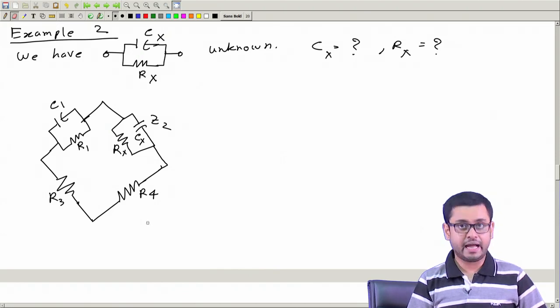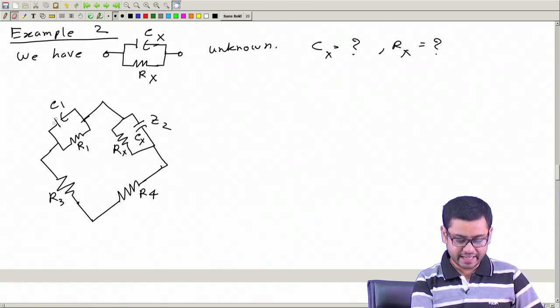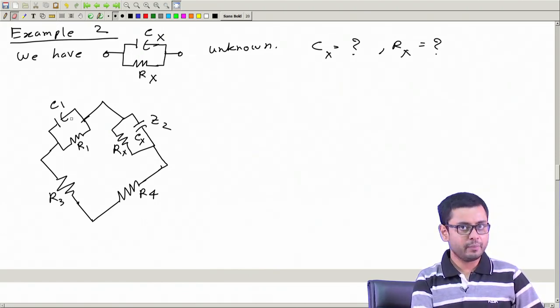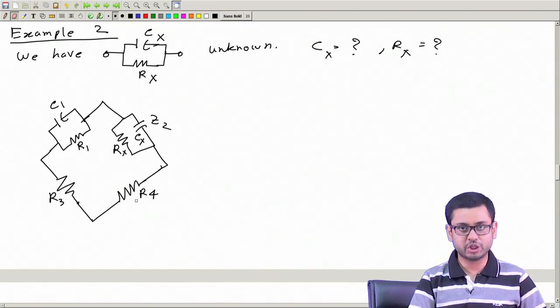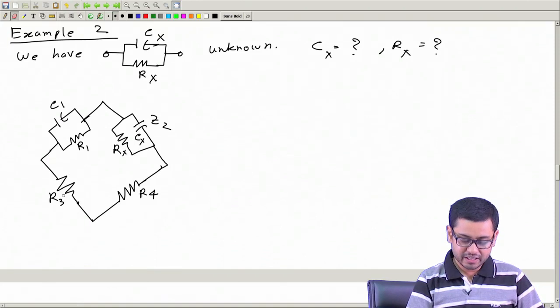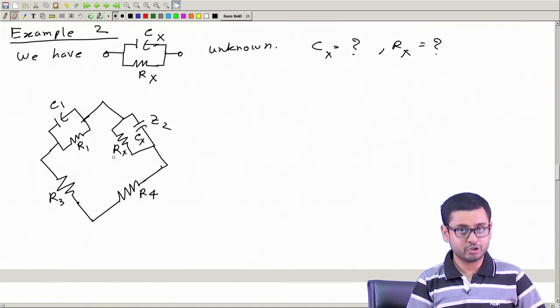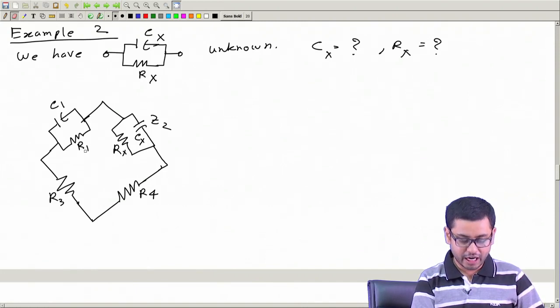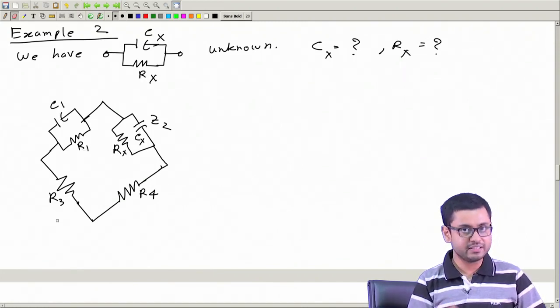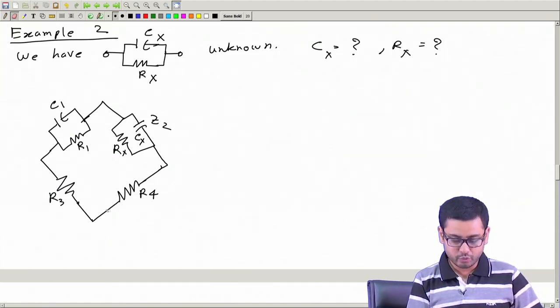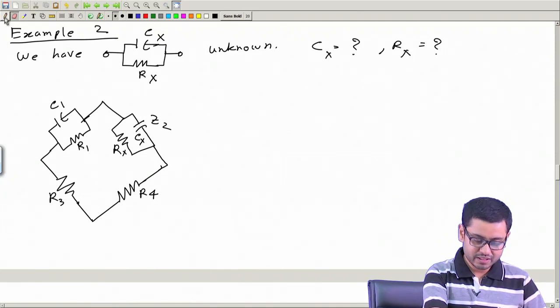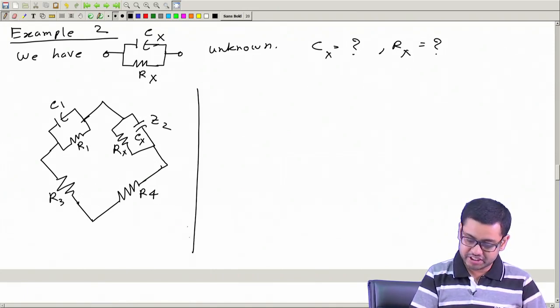Yes, it can be satisfied, because this angle is between 0 and minus 90, and this is 0. So, their sum is between 0 and minus 90. Similarly, the sum of these two will again be between 0 and minus 90. So, by a proper choice of C1, R and R1, we can get this balance. So, this is I think the easiest bridge we can use. So, what will be the balance condition?